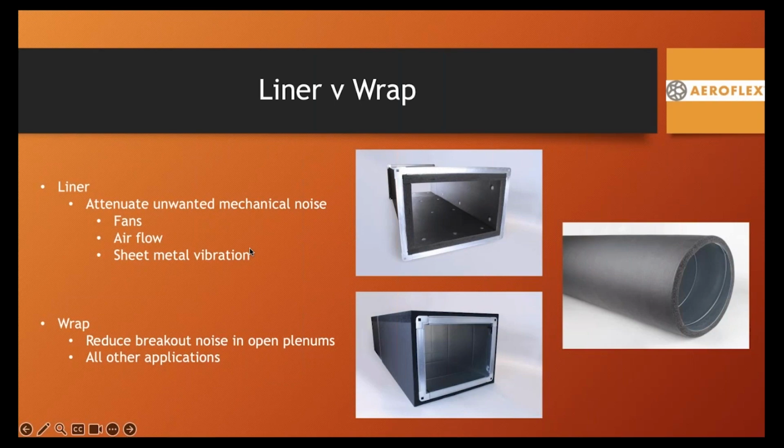As far as types for liner and wrap, fiberglass is the most common for its lower cost and its ease of application. The open cell structure attenuates noise at higher frequencies. Again, we'll talk about that more in an upcoming slide. And fiberglass also offers some additional sustainability benefits, for example, recycled content.